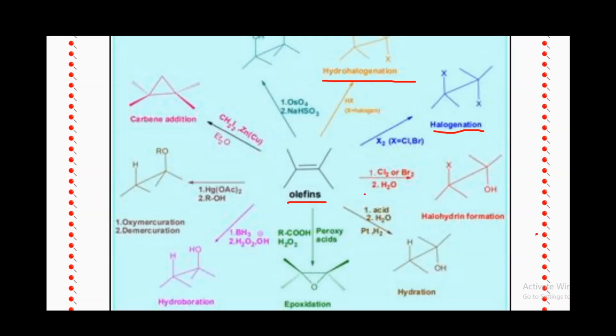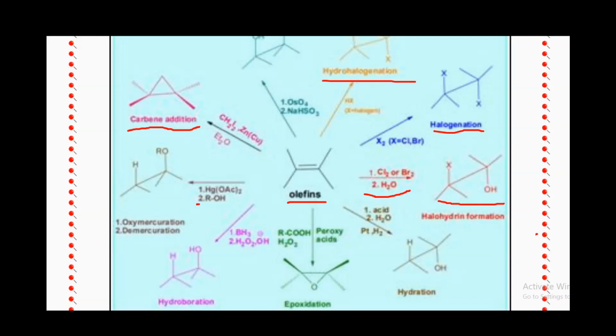And with the Cl2 addition followed by water addition, we have seen just now that in case of X and OH, the trans addition takes place. Now, if you add CH2I2 in presence of zinc and ether, you are going to have the carbene addition in case of the olefin.